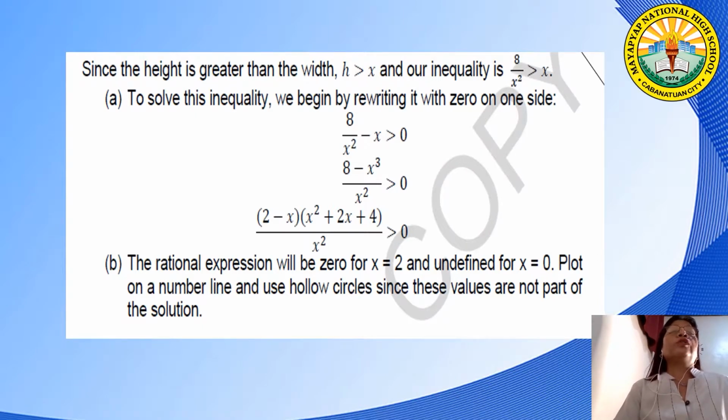The rational expression will be 0 for x equals 2 and undefined for x equals 0. Then you plot on a number line and use hollow circles since these values are not part of the solution.